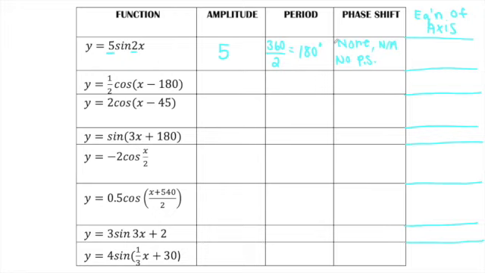Up to you what you want to write there because you have no phase shift. Your equation of your axes would be, if we had a C value, we don't, but you can't write no equation of your axes because one still does exist. You just haven't changed it from your original equation of the axes, which is y equals 0. So you still have to put y equals 0 there.